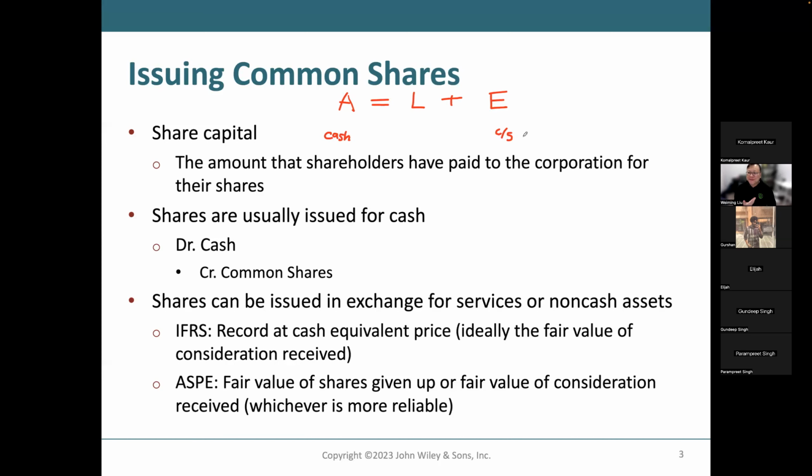So suppose they issued $100 worth of shares. From the corporation's perspective, does their asset, their cash, increase because shareholders gave them $100 to buy the shares?